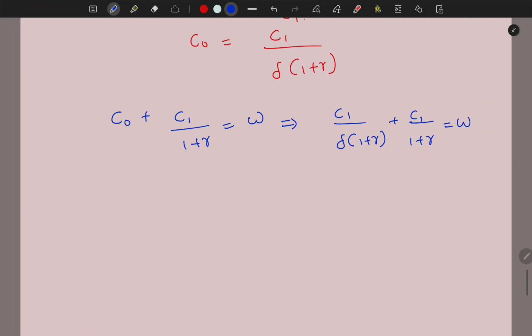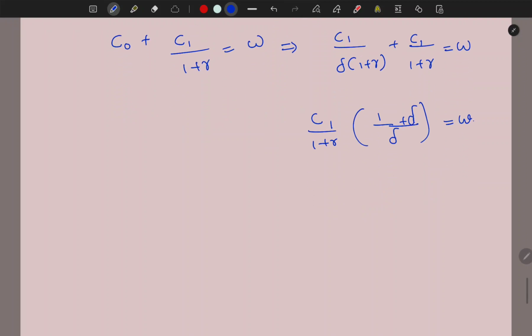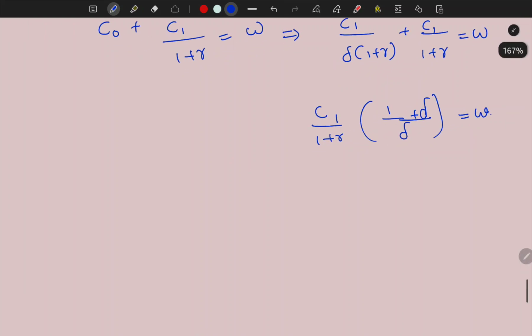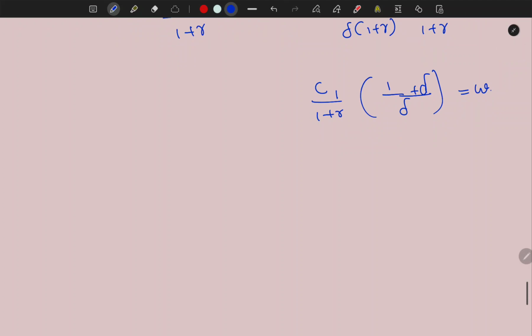I'll get C1 divided by 1 plus R, in the bracket 1 by delta plus 1. Basically this is 1 plus delta divided by delta, equals W. I'll take this term to the left side.